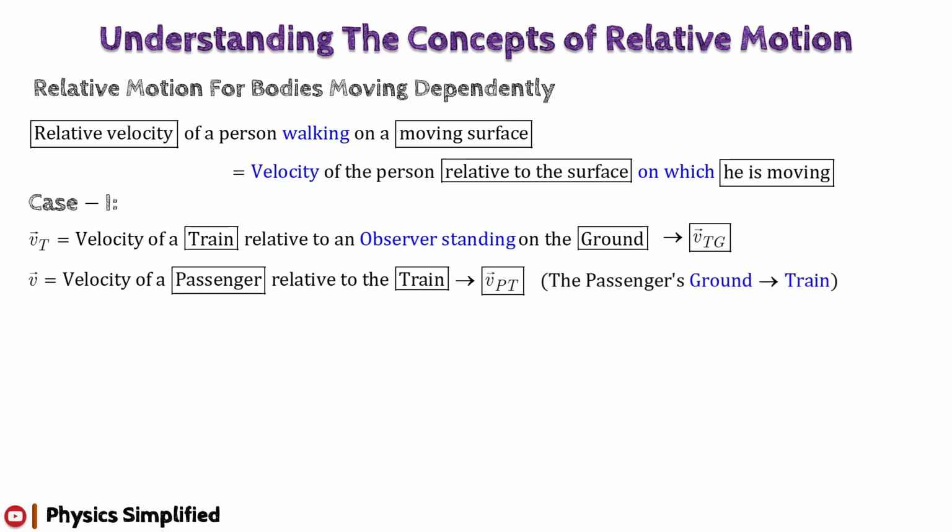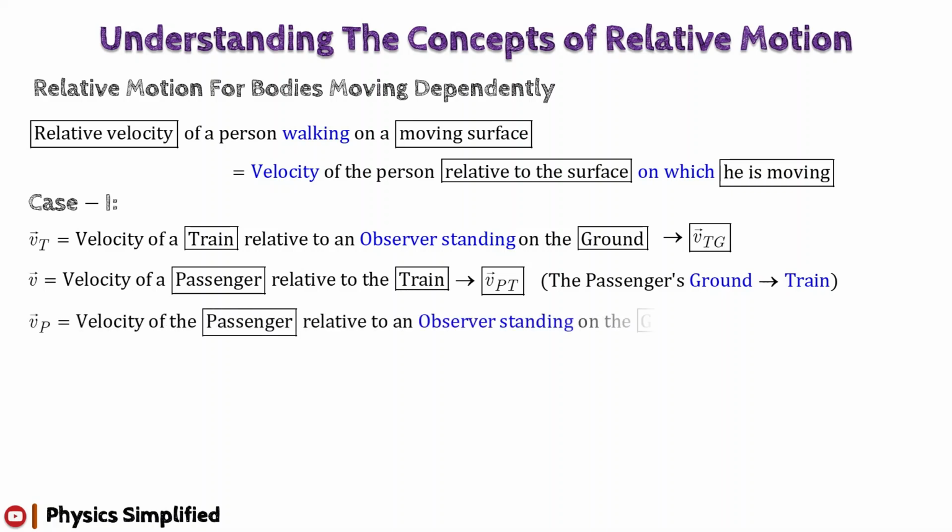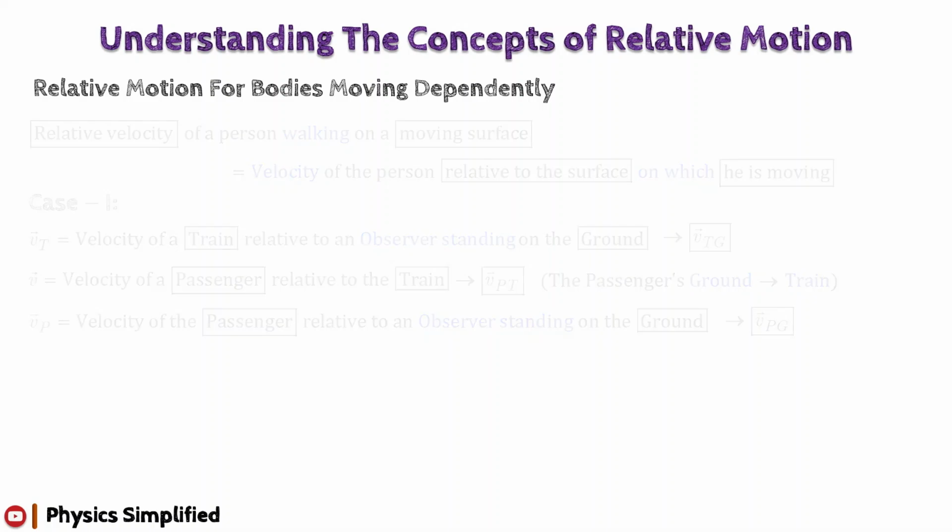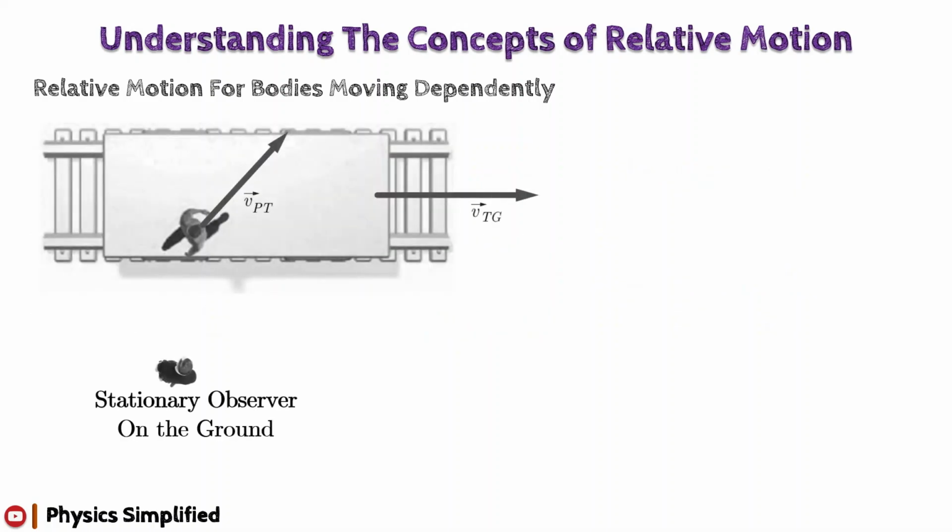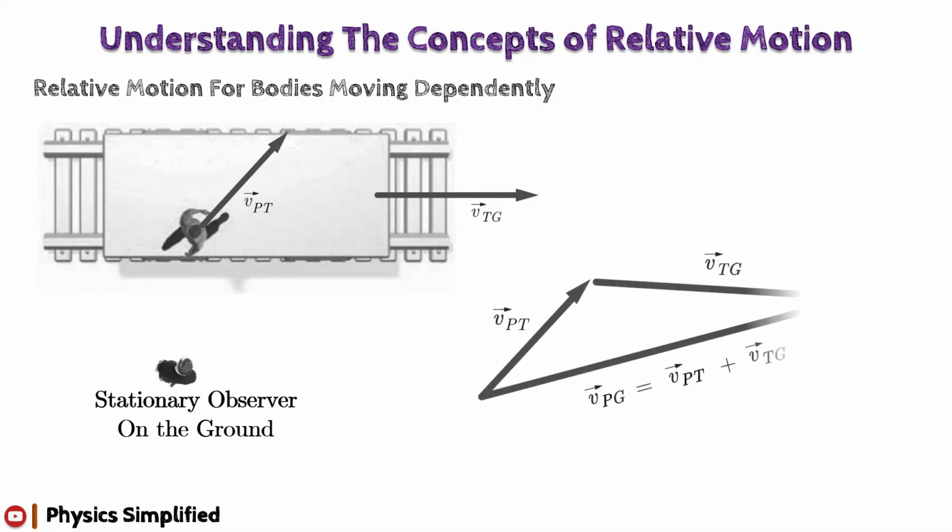We consider the velocity of the same passenger relative to the stationary observer on the ground to be vector v suffix p. So, this is the velocity of the passenger relative to the ground, and is expressed as vector v suffix pg. In order to find the velocity of the passenger relative to the stationary observer on the ground, we need to consider this velocity triangle.